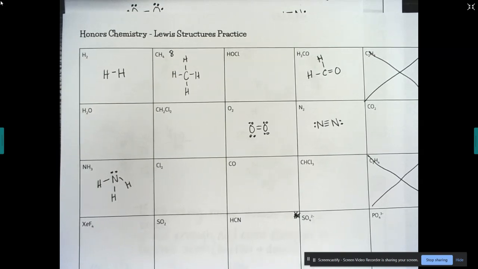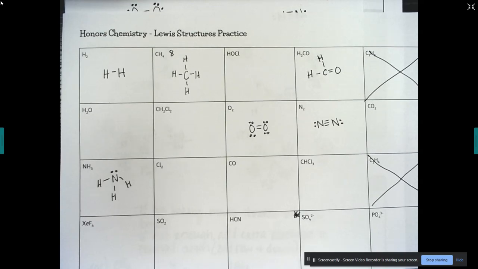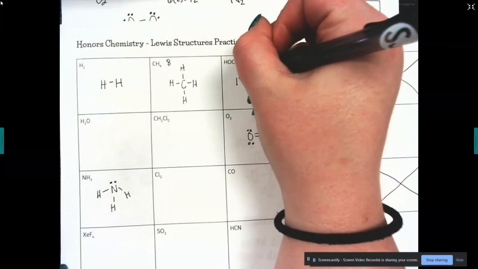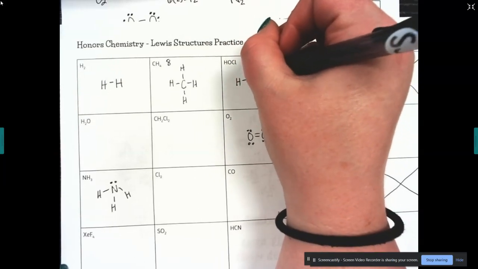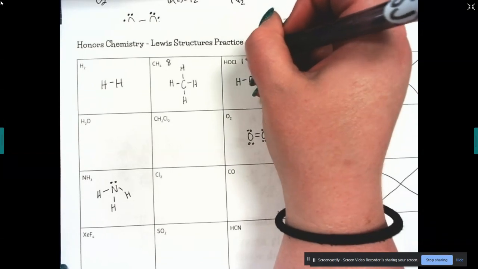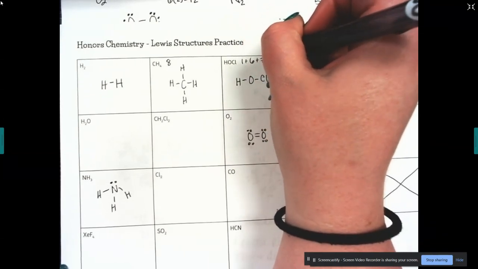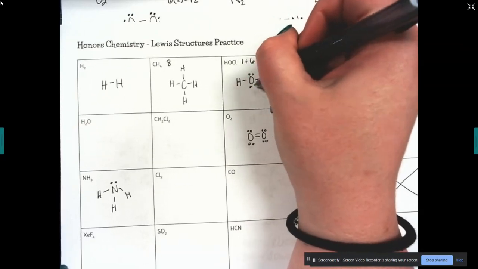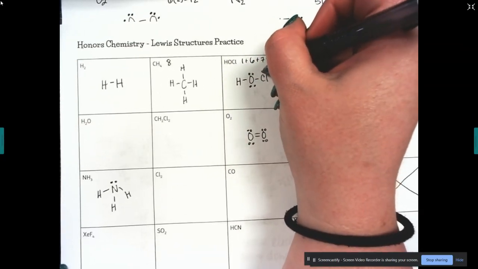I have another question. Yeah. So on the HOCl, there's not enough, but it's not third row or lower. Okay, let's see. You should have enough. So it's 1 plus 6 plus 7. That's 14. Oh, I didn't put those in. Okay.